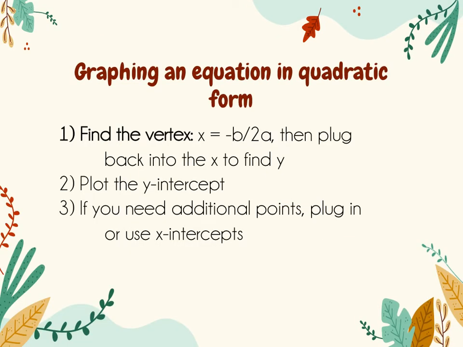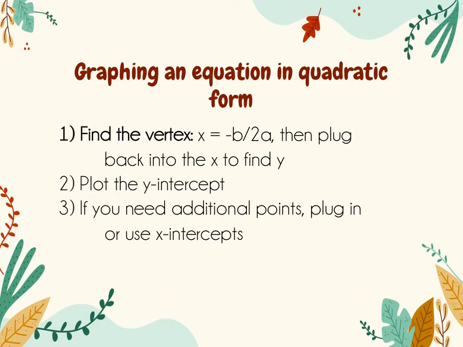All right, so if we are graphing an equation that's in quadratic form, which is what we're talking about, then we're going to start by finding the vertex. And to do that, we do negative b over 2a. I get a number from that, I take that number, I plug it back into the x, and I get the y. And then that's going to be my h, k. Then I would find the y-intercept.